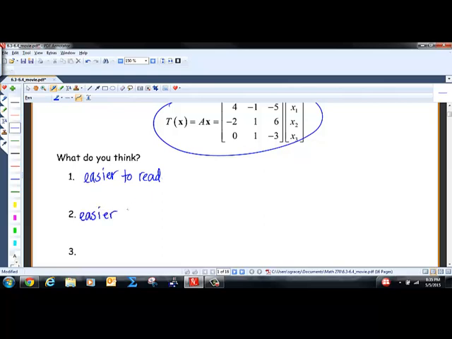And how do we enter everything into MATLAB or Octave? Exactly, we enter it in as a matrix, so it's easier to adapt to computer use. Awesome.